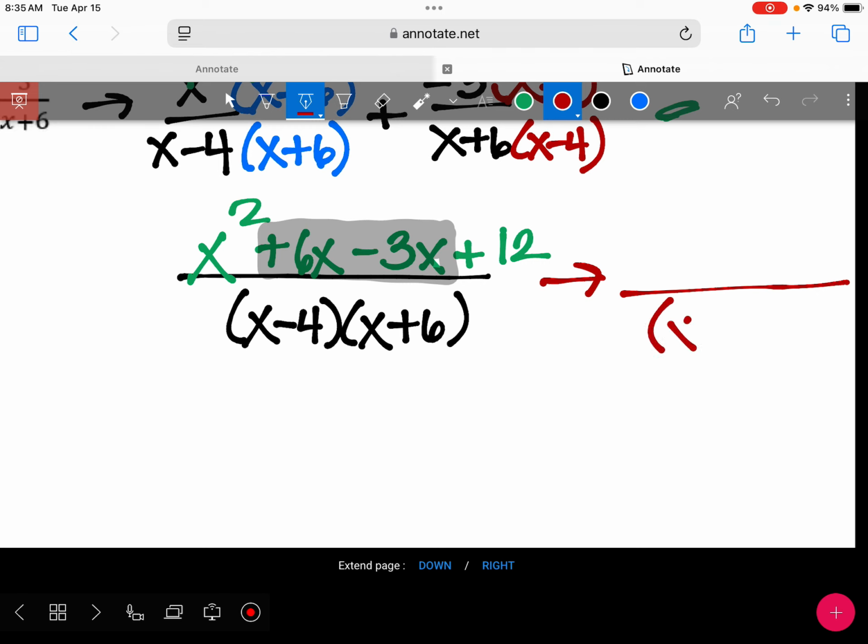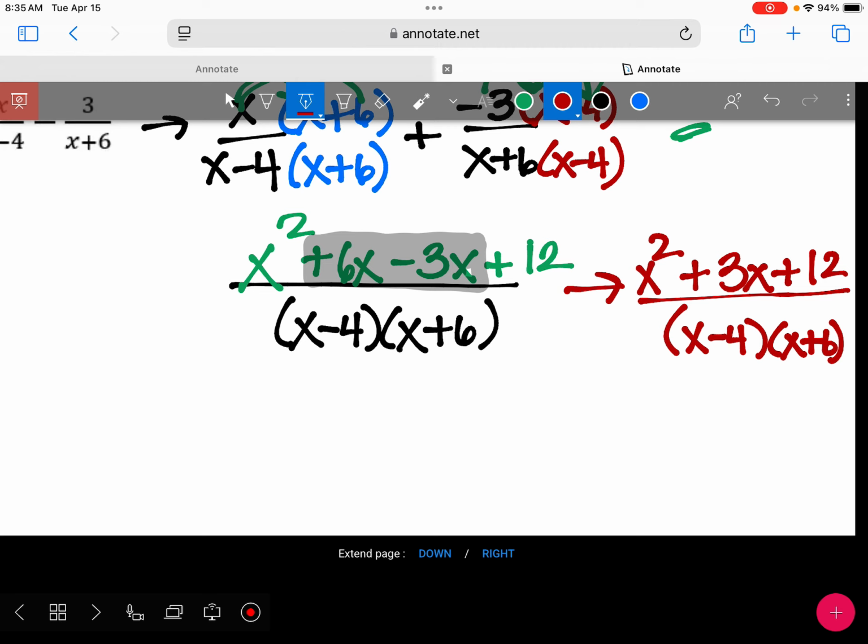I'm going to write my LCD at the bottom. Would be x squared. Okay, what's 6x minus 3x? 3x. And a plus 12. And that would be my final answer.